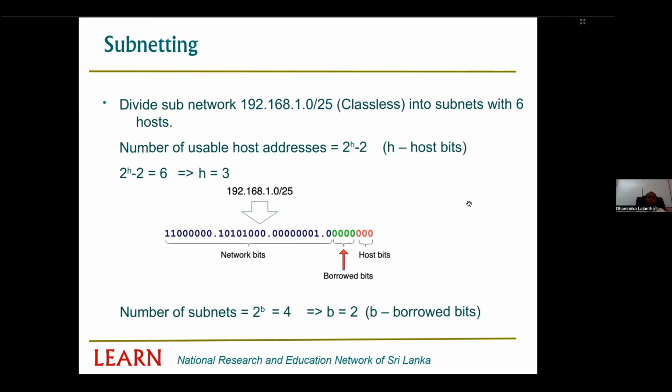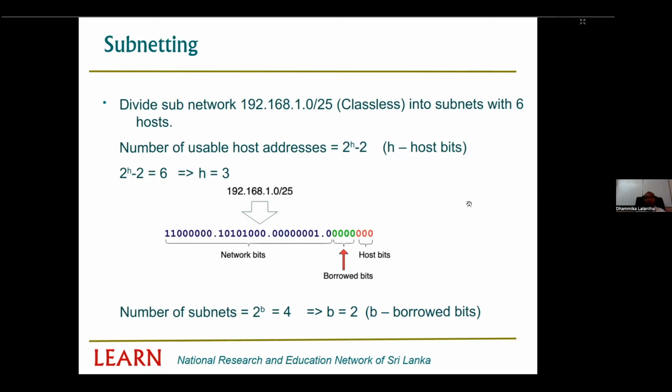Here we have to create subnets with 6 hosts for each subnet. So let's see how we can find the number of subnets when we are given the network and the number of hosts.